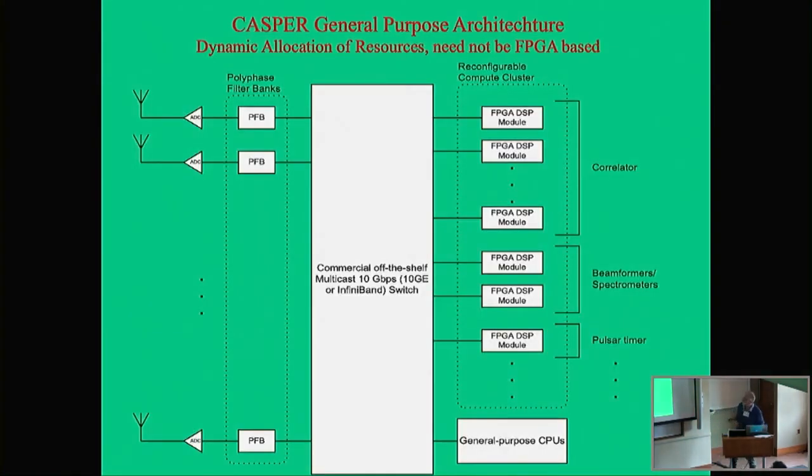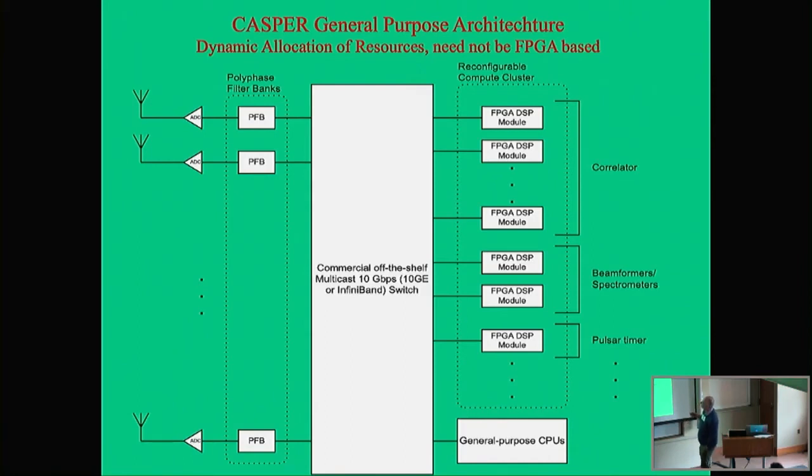So the kind of general purpose architecture that most CASPER people use, they have a bank of telescopes. It doesn't have to be a bank, it could be 1 or 2. Then you digitize the data, and then typically you do spectroscopy. You might have a polyphase filter bank on every antenna, and then you put that data into a big switch.